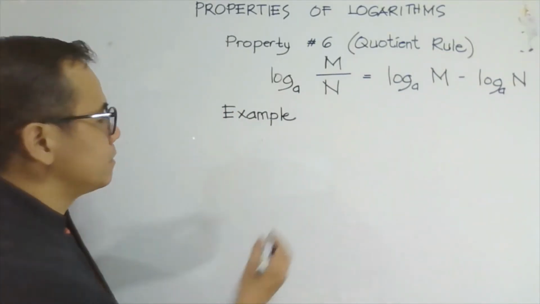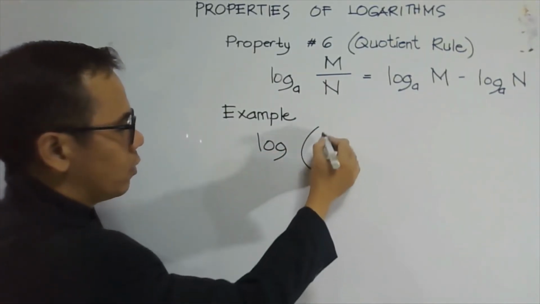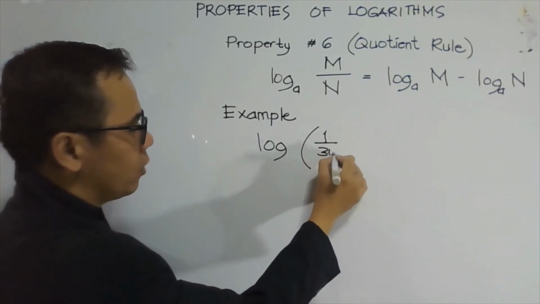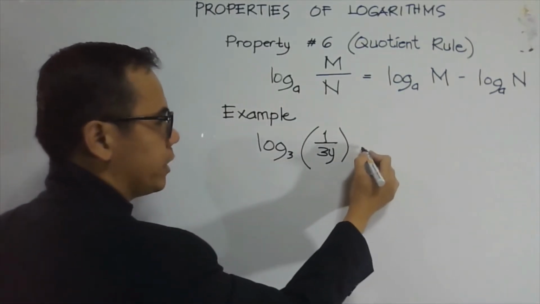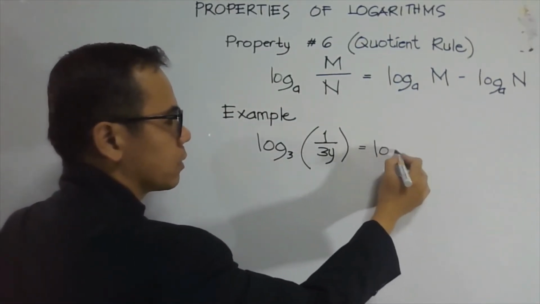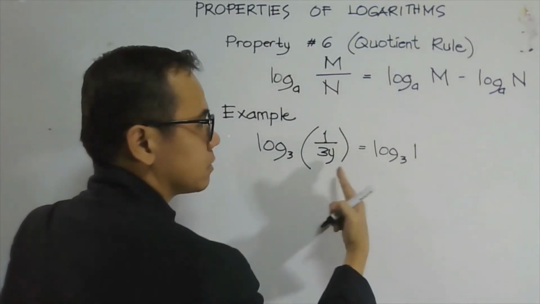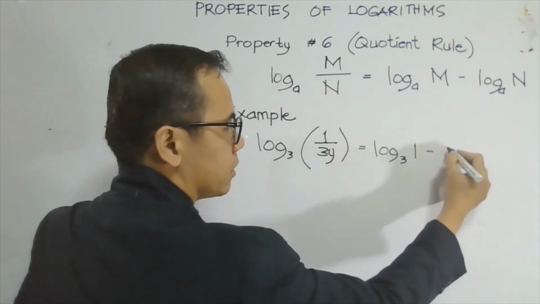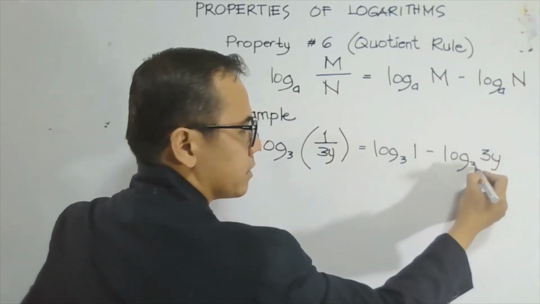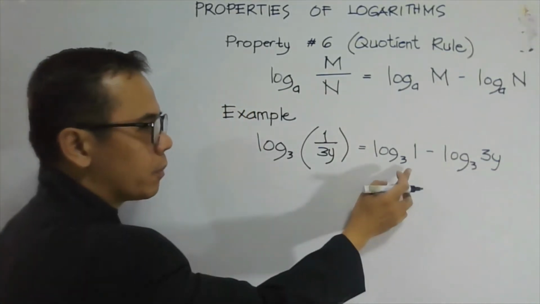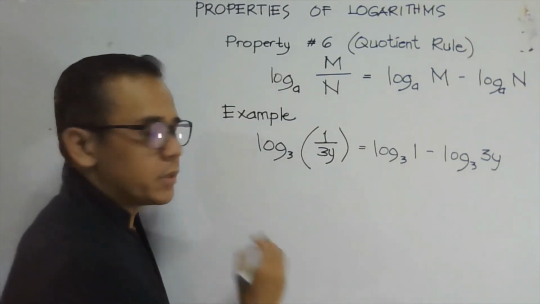Let's have another example. Log of 1 over 3y base 3. This is now equal to the log of 1 base 3 minus the denominator, the log of 3y base 3. From property number 1, we know that the logarithm of 1 of any base is equal to 0.